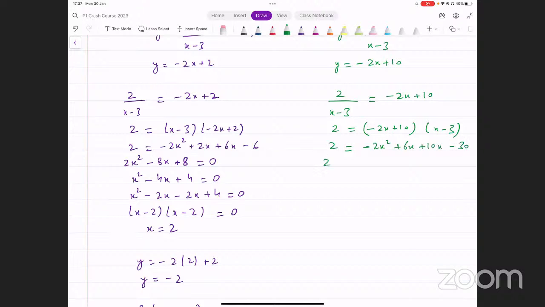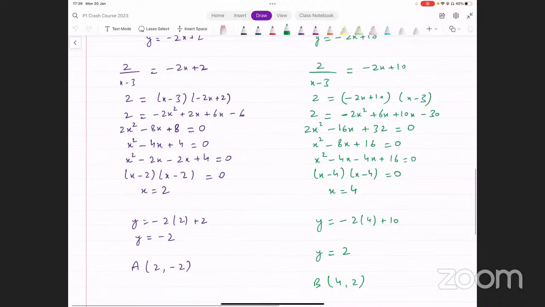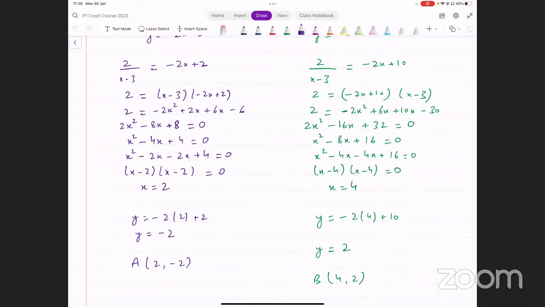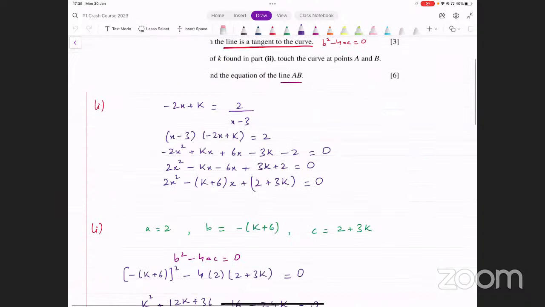Take everything to the left side. 2x squared minus 16x and plus 32 equals 0. Again, divide by 2 to simplify this. That gives us x squared minus 8x plus 16 equals 0. Factorize this. So we've got the coordinates of the point A and the point B.